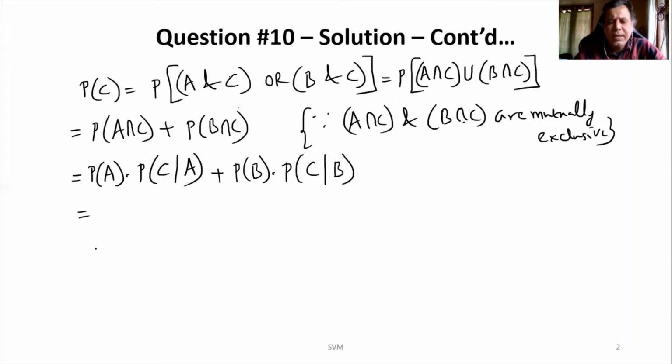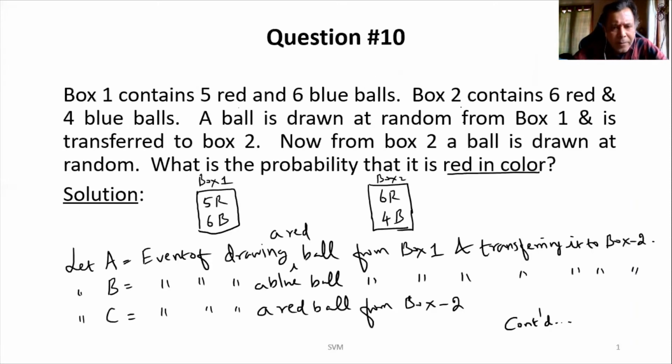Now, let us see what is probability of A. A is the event of drawing a red ball from box 1 and transferring it to box 2. So basically here we are choosing, out of these 11 balls, one red ball. How many red balls are there? There are 5 red balls. So probability of A is 5 out of 11.